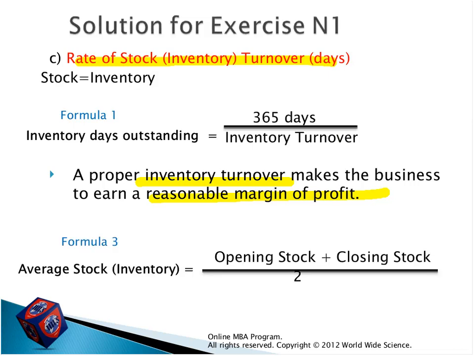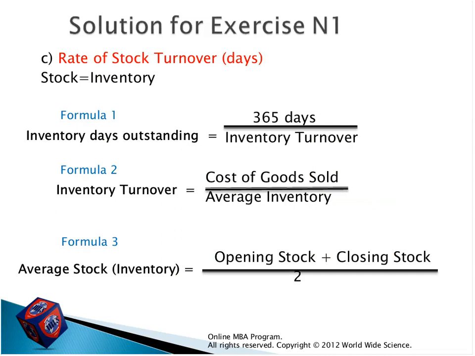So for the calculation of our rate of stock turnover or inventory turnover, we are going to use three kinds of formulas. The first formula finds the inventory days outstanding, which is the rate of inventory turnover: you take 365 days divided by the inventory turnover.